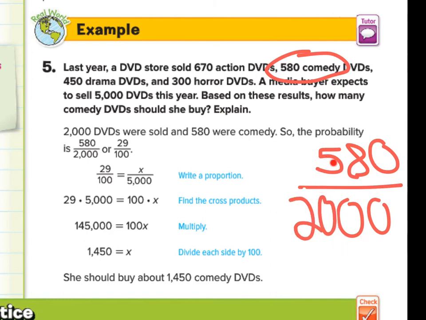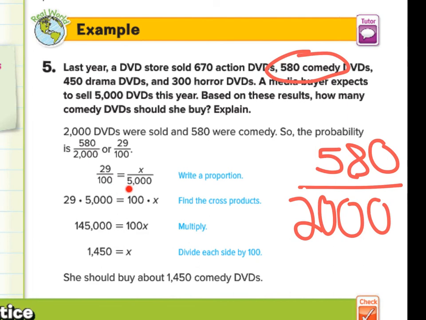Now that's just slightly over a quarter, right? 500 of 2,000 is a quarter. This is just slightly over a quarter. So when we simplify 580 over 2,000, we get 29 over 100, right? That's dividing both by 20. And then we do a ratio. What do I do to 100 to make it 5,000?